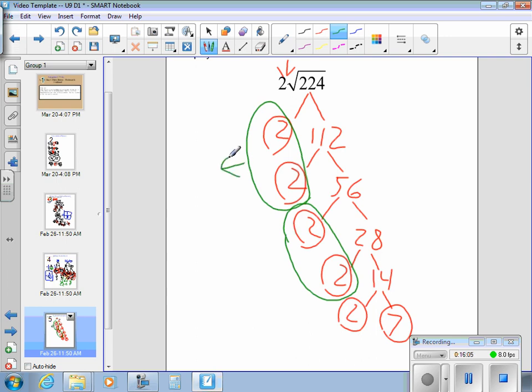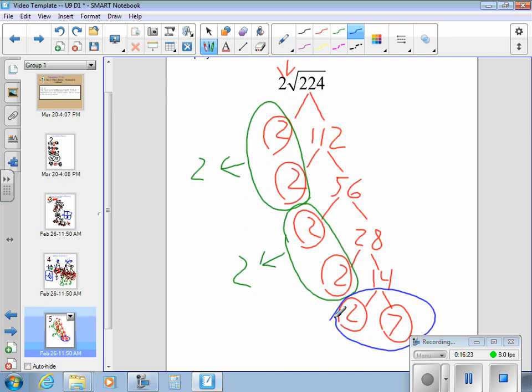So the square root of this is 2, the square root of this is 2, and then this 2 and 7 are going to remain inside of the radical, and I'll multiply them out. So let's see, what do we have?